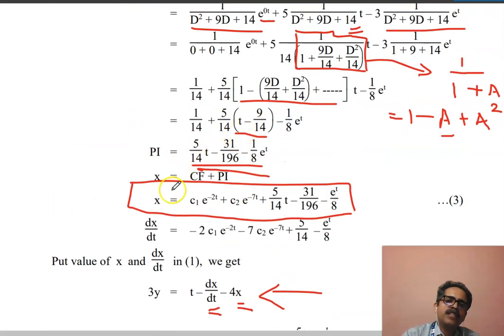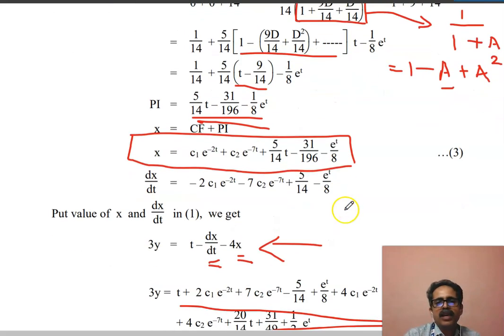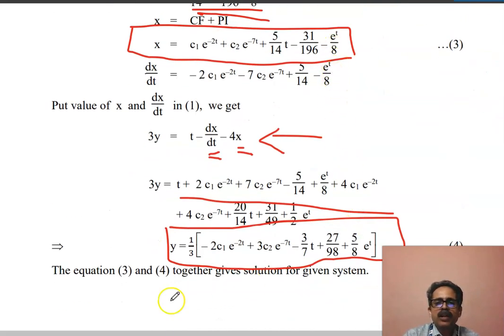This equation represents the value of x in terms of t. And these two equations taken together give the solution of the given system. This is important: value of x in terms of t, value of y in terms of t. That's why we have taken this equation as 3, this as 4, and finally we have written that equations 3 and 4 taken together give the solution of the given system.